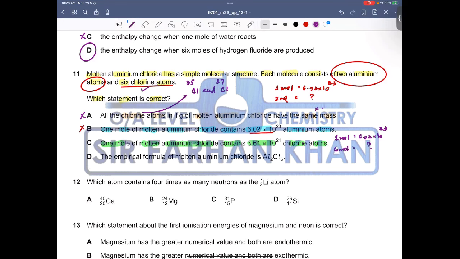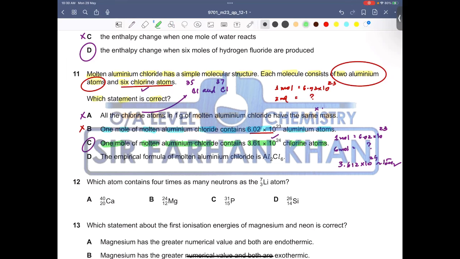So we have 3.612 times 10 to the power 24 atoms, and this value actually reflects this value. So I believe C is going to be the right answer because it matches the values. Both the values match, right?